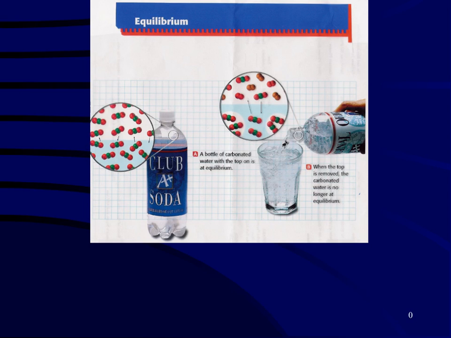In this example, this is club soda, which is basically carbonated water. In this picture, notice that the lid is on, so it's a closed system. We call this a closed system. If you remember, when you're looking at your bottles of water or soda, they never really fill the bottle all the way to the rim with liquid.